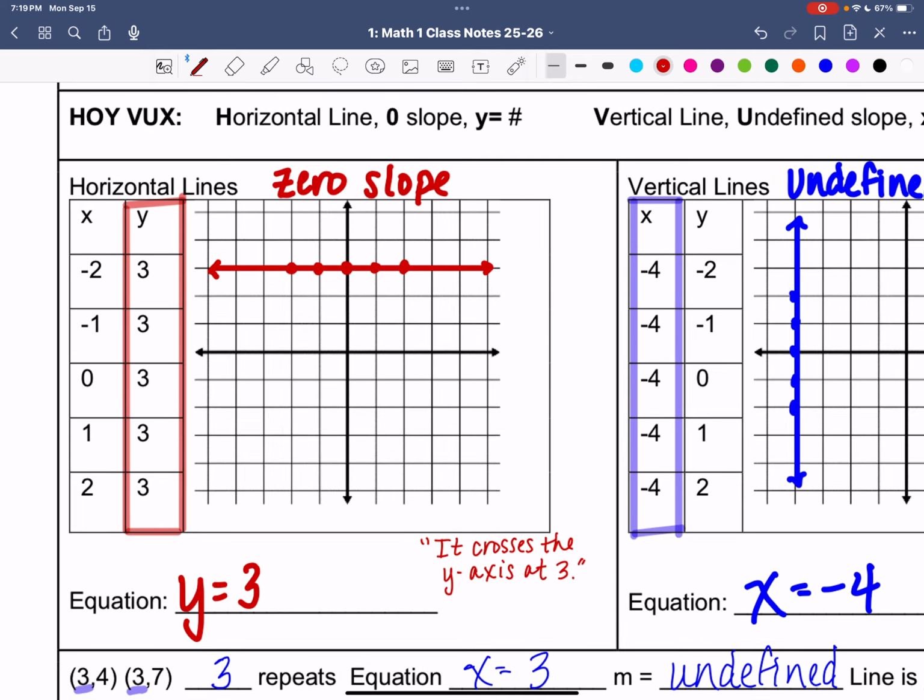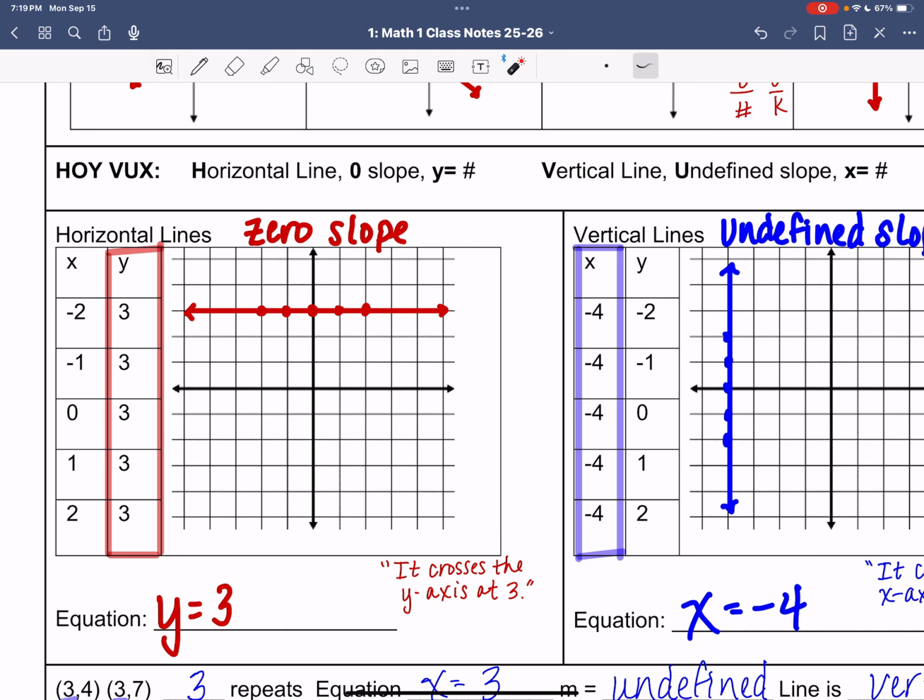All right, so there's a couple little tricks to remember also when you're doing this. HOY VUX. What we use this for is, if you have a horizontal line, it has a zero slope, and you write the equation as y equals wherever it crosses the y-axis. So if you look over here, all of your y's seem to repeat. If you plot each of these points, you go left 2, up 3, then left 1, up 3, and then at 0 you just go up 3.